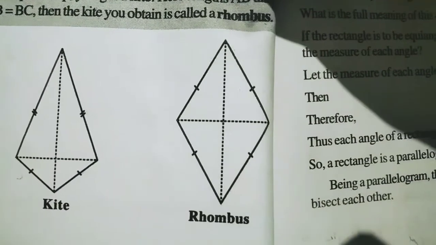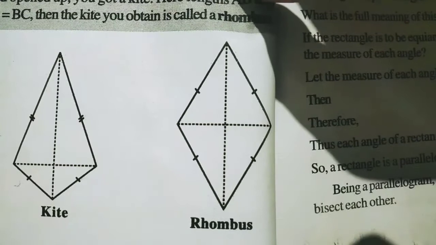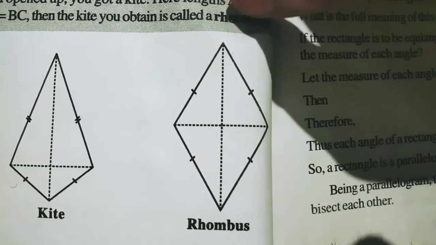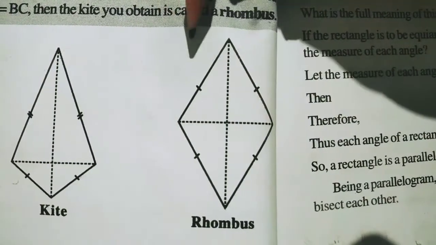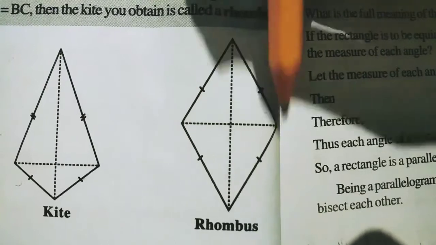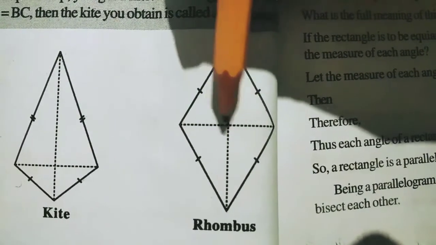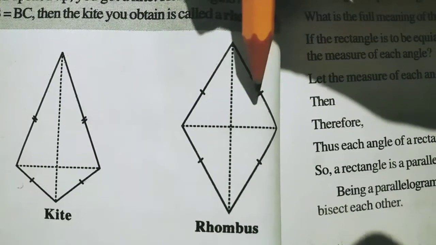So what kind of figure is it? Rhombus. A rhombus looks like a kite, but it is not like a kite, because in a rhombus all the sides are equal to each other. This side, this side, this side and this side, all the sides are equal, like a square. So a rhombus is like a square.